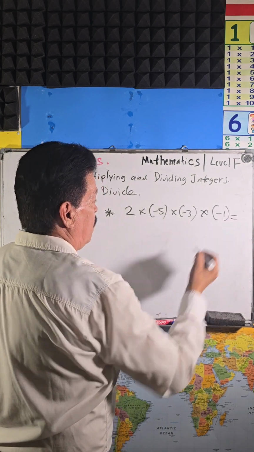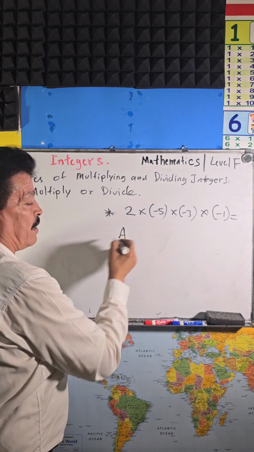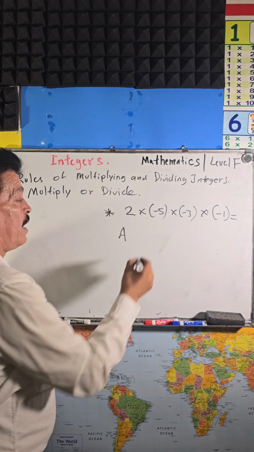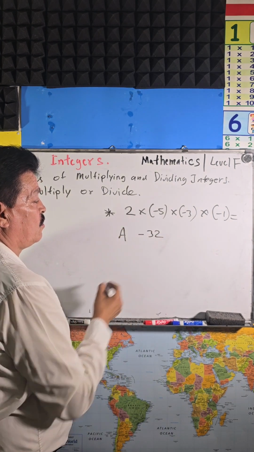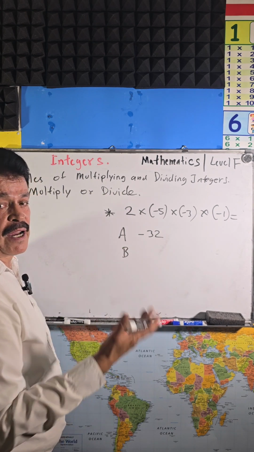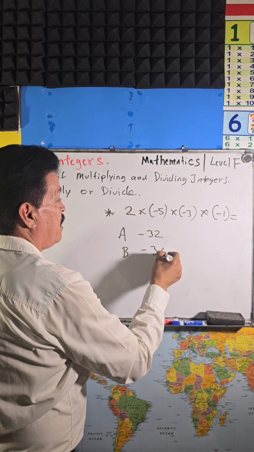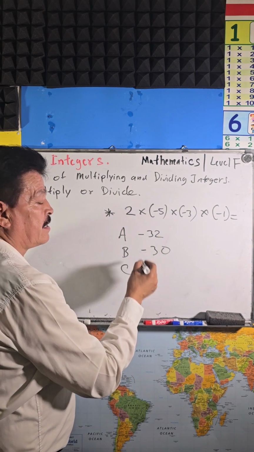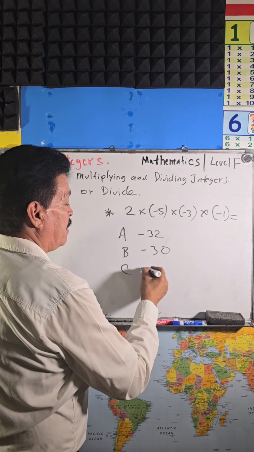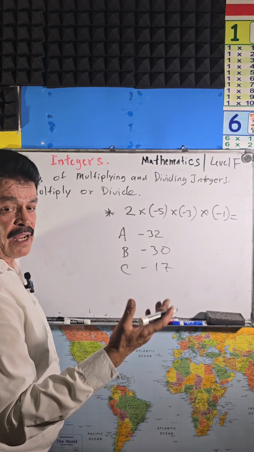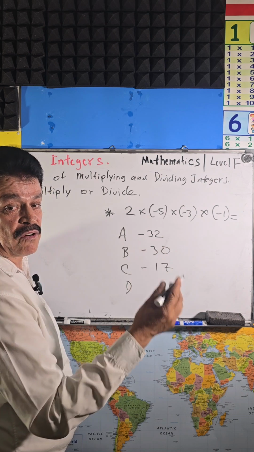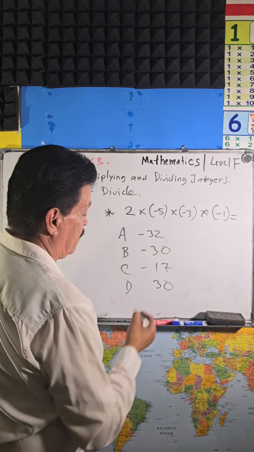It's a little bit complex, okay. Let me write the answers right here. 4 possible answers. One is negative 32. B, let's say 30. And C, let me write negative 17. And then D is 30.